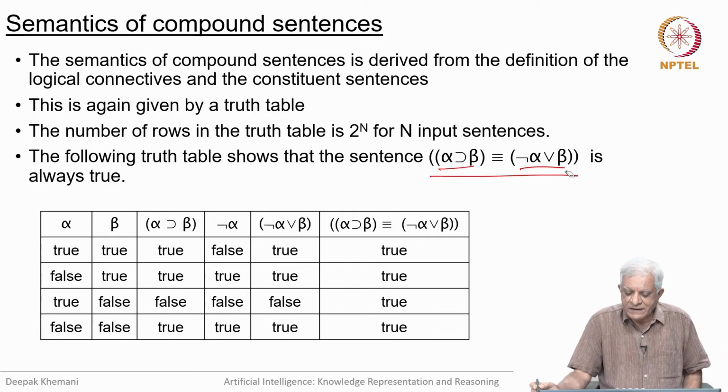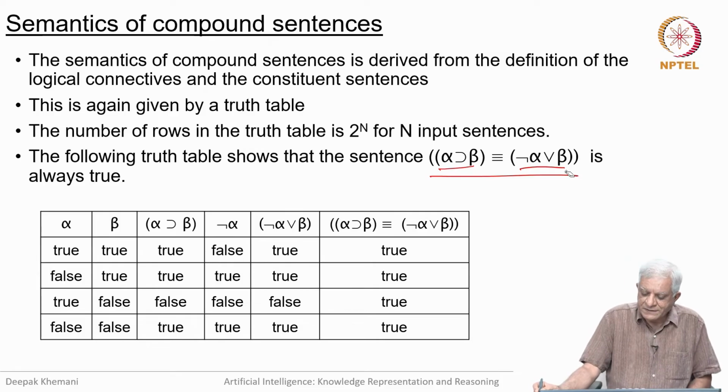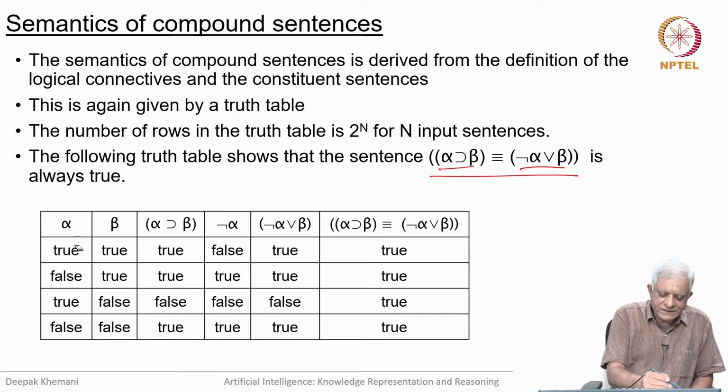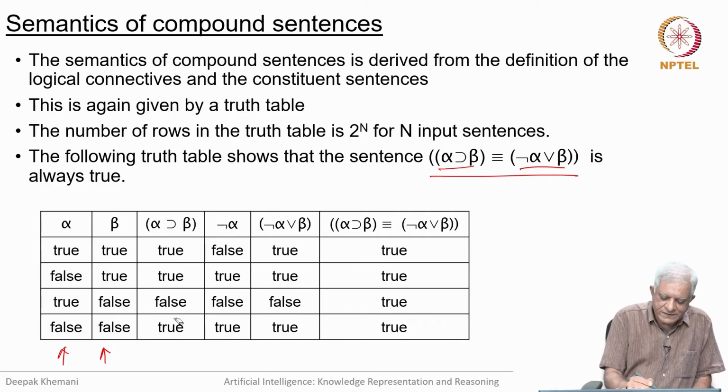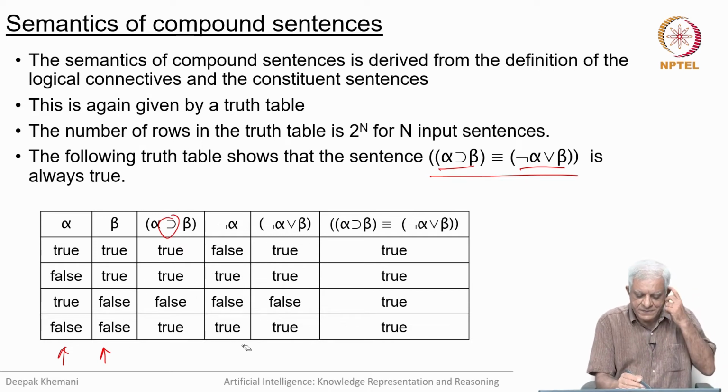How is the sentence related to the truth values of alpha and beta? We see that in the first column we have alpha and beta, which are the things given to us, and then the rest of them are derived from the truth tables. So, this is the definition of implication, and it tells us that these are the truth values for alpha implies beta.